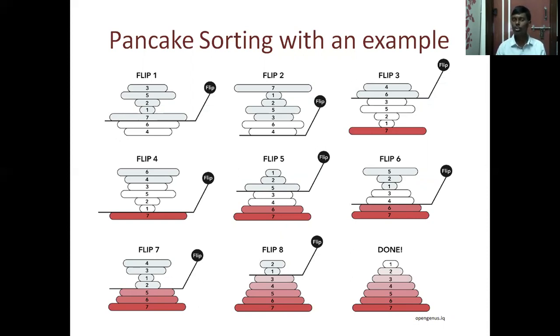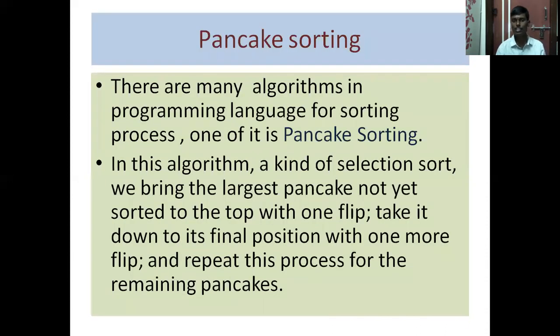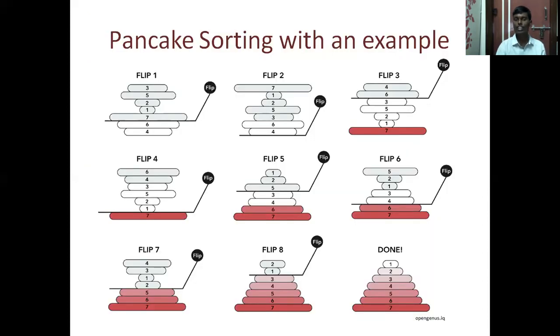After flipping the whole list, we get the third picture, that is 4, 6, 3, 5, 2, 1, 7. Now 7 is in the last position and we will ignore it in the other flips, because I have said before that we use the selection sort technique in pancake sorting. So now we are considering the list excluding 7 for the further sorting process.